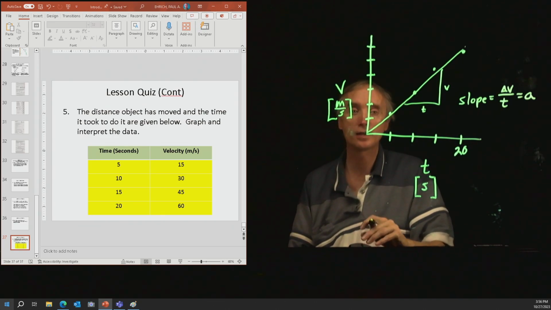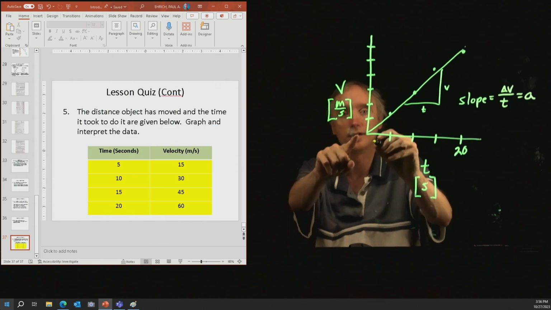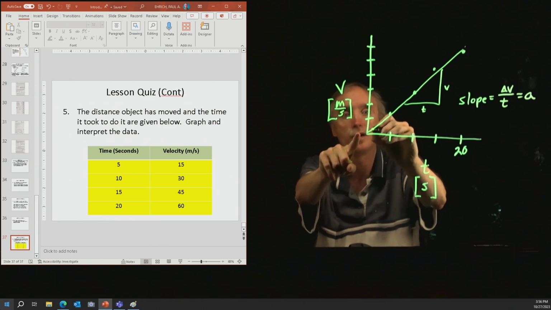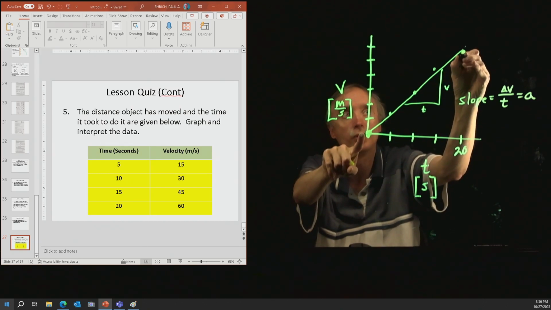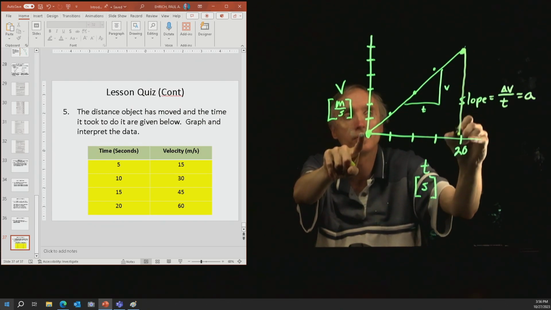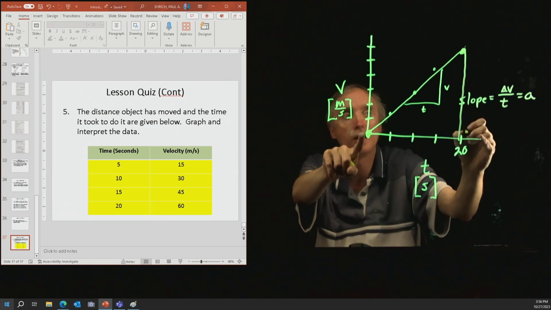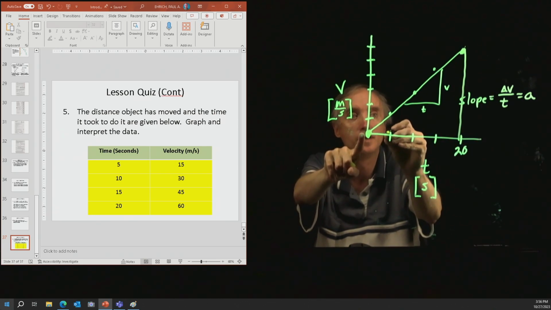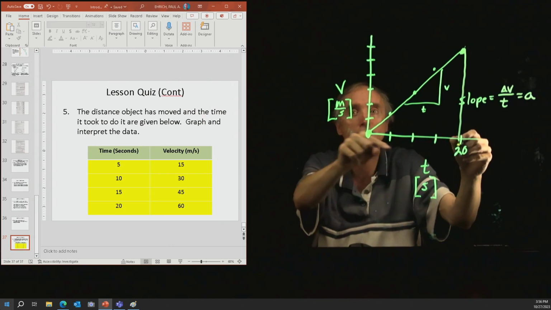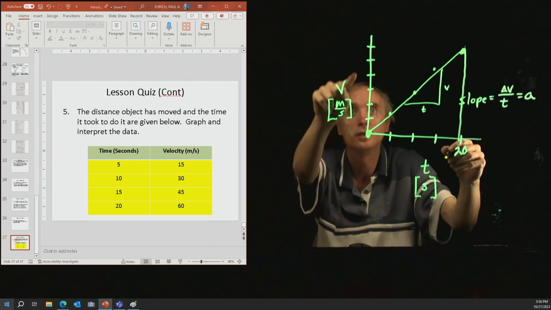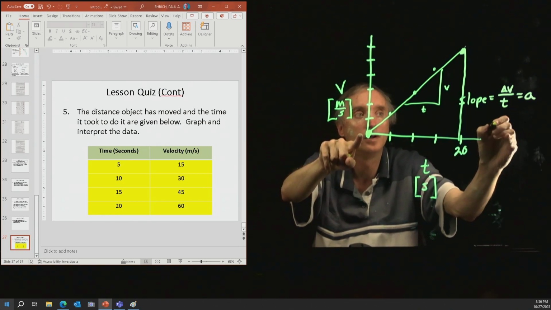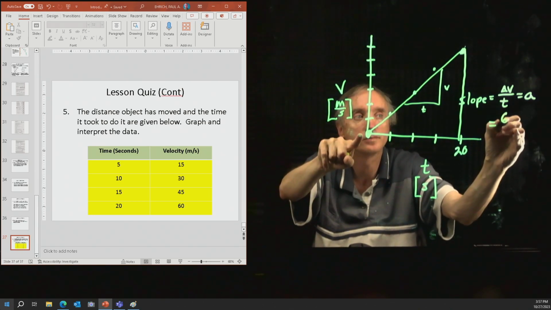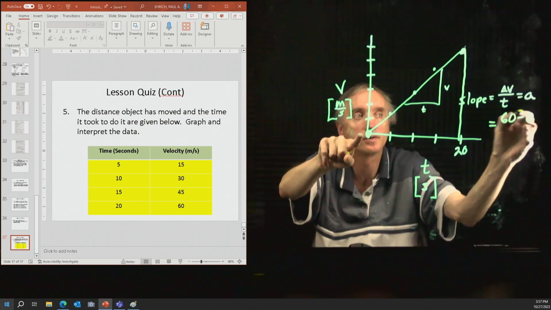And we could actually calculate this. Since we know that this is a straight line, I'm going to use this point and this point up here, so that here's my rise, and here's my run. My change in velocity up here is 60 minus 0, which is 60.